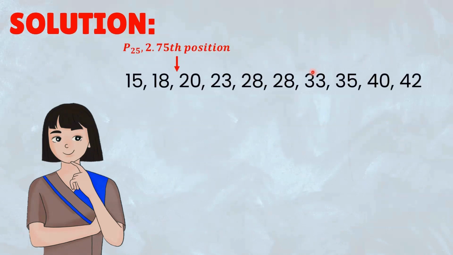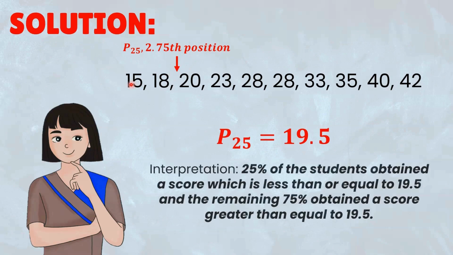So percentile 25 is located in the 2.75th position, and so it is equal to 19.5. So it's somewhere here. So if a score of 19.5 falls on percentile 25, it means that 25% of the students obtain a score which is less than or equal to 19.5, and the remaining 75% obtain a score greater than or equal to 19.5.